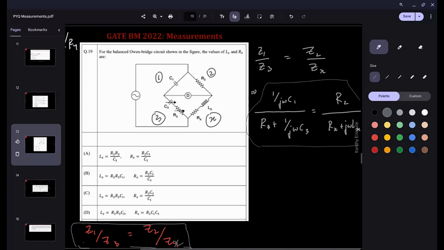Which form do you have to use? Sometimes you have to quickly see the form that gives you the imaginary and real parts really fast. I wouldn't go to amplitude angle. I'll stick to the imaginary part and the real part. I'll try to stick with this.